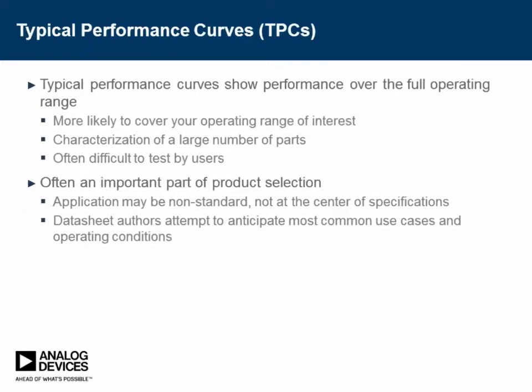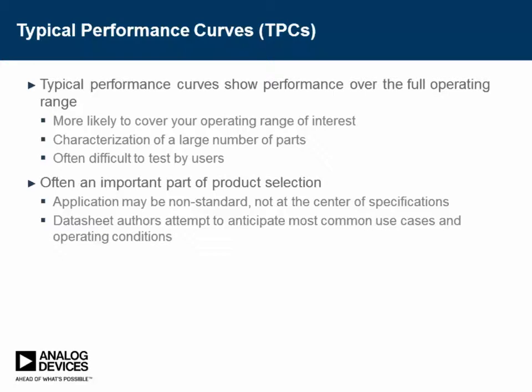So then, to expand on this further, we have typical performance curves, or TPCs. And the typical performance curves show the performance of the product over its full operating range. And it would show the operating range that you would be interested in.